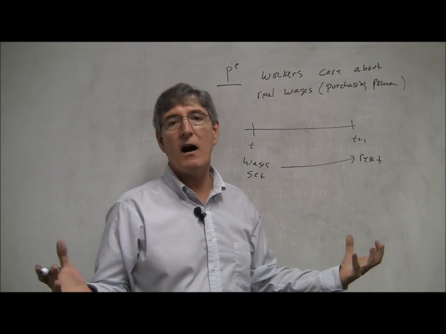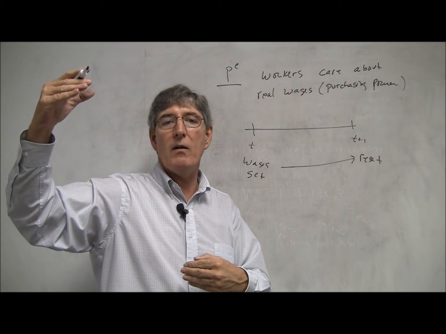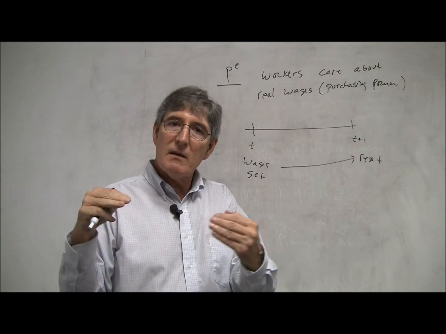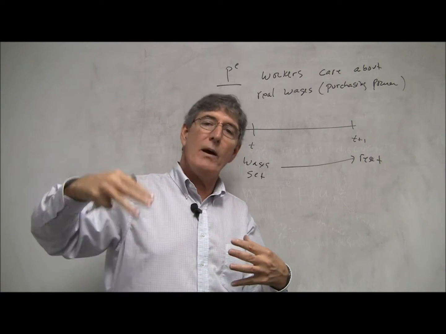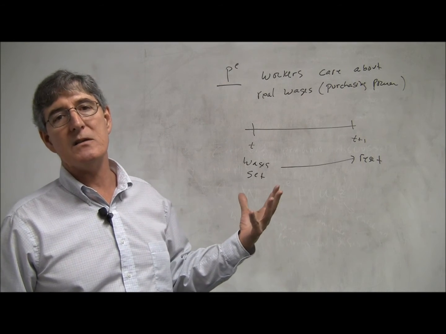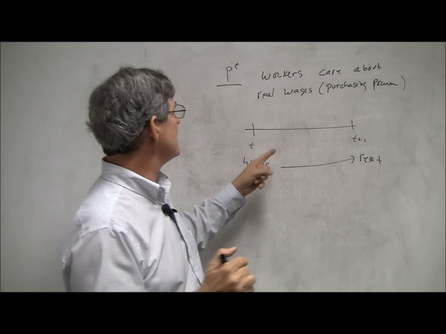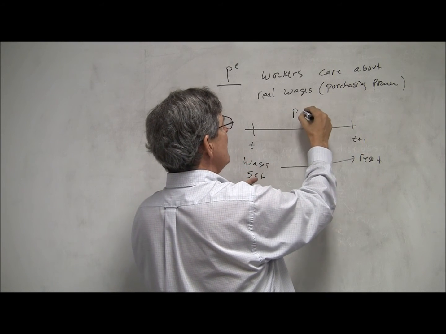If you live in an economy that has 100% inflation per year, you're going to want a much higher wage than someone who lives in an economy with zero inflation, because you have to ask for enough wage to cover that increase in the price level so that you can buy the right amount of goods and services that you're planning. And so what matters is the price in here, but the price is unknown.